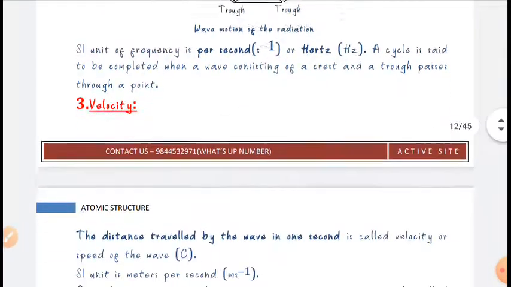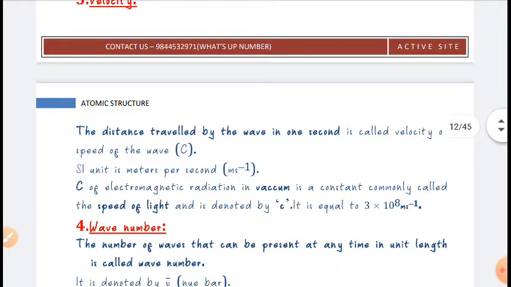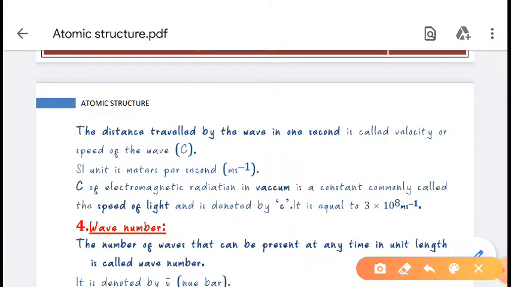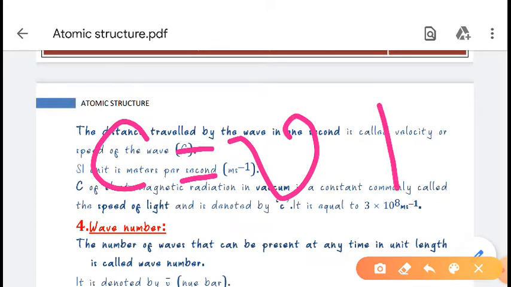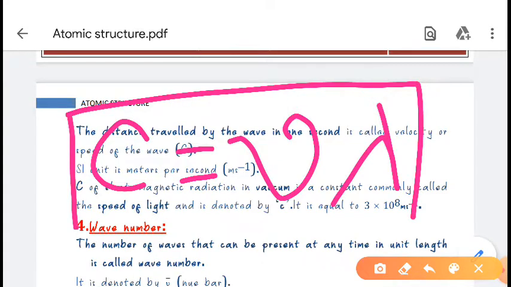Now when we are talking about velocity, you all know what velocity is. The distance traveled by the wave in 1 second is called velocity, or we can also say that the speed of light is denoted by C, and C is equal to mu lambda. Are you getting it or not? C is equal to mu lambda.